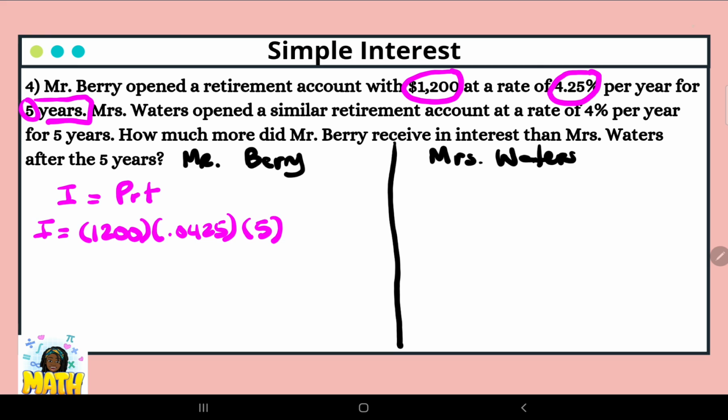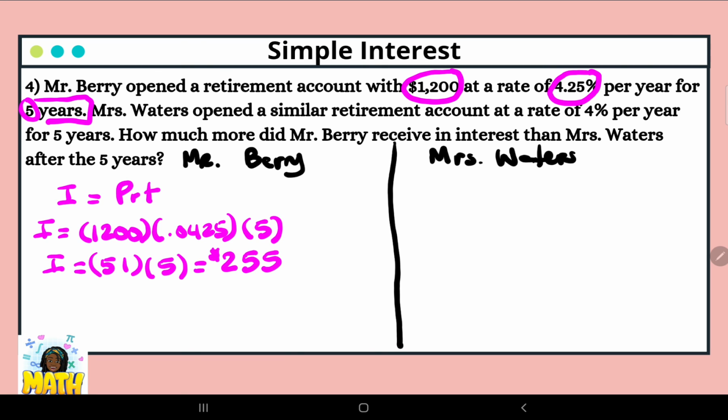Let's go ahead and multiply. So 1,200 times 0.0425 is equal to 51. And then 51 times 5 is equal to $255.